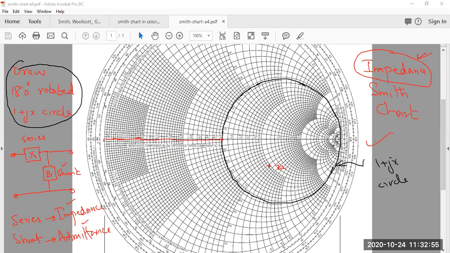You need to measure this line and find out the center of it. Let's assume it's 10 centimeter. So at 5 centimeter there will be the center of this line. So you need to find out the center of this line somewhere over here.